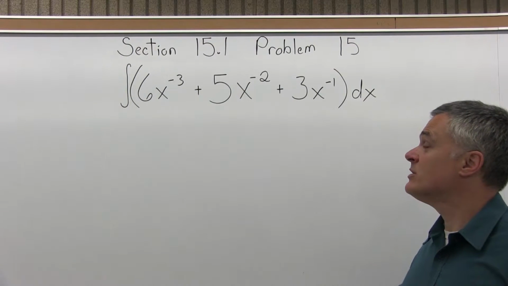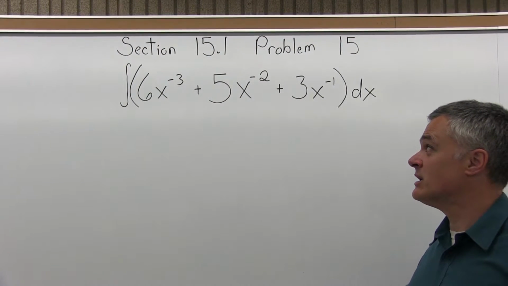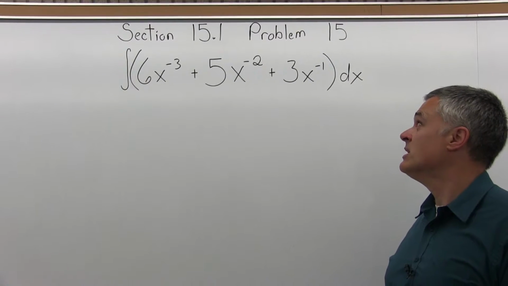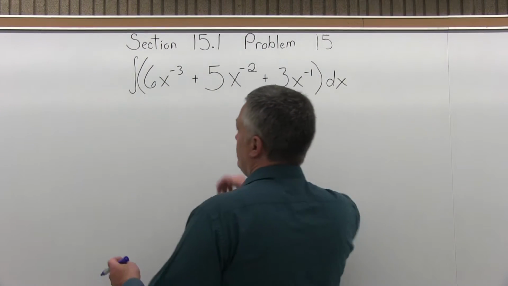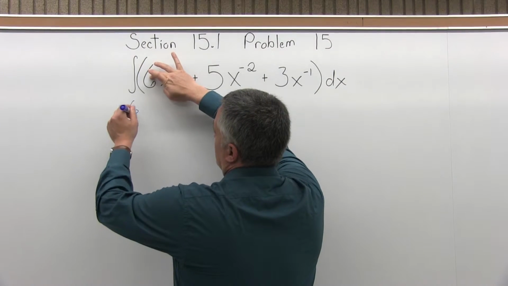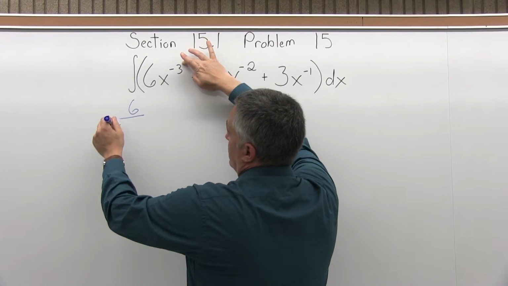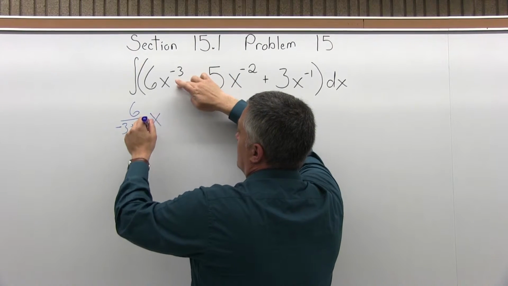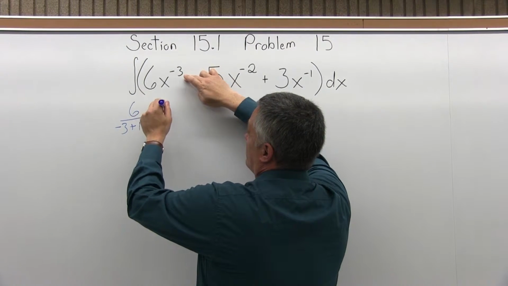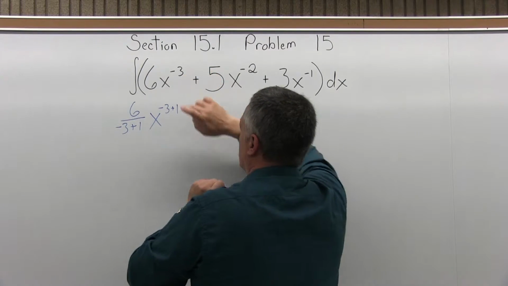We want to take the integral of 6x to the negative 3 plus 5x to the negative 2 plus 3x to the negative 1. So we're going to have our 6 in the numerator of a fraction over the old exponent plus 1, so negative 3 plus 1, x to the old exponent plus 1, negative 3 plus 1. That's the first piece.